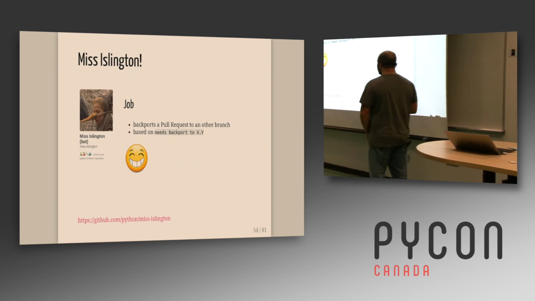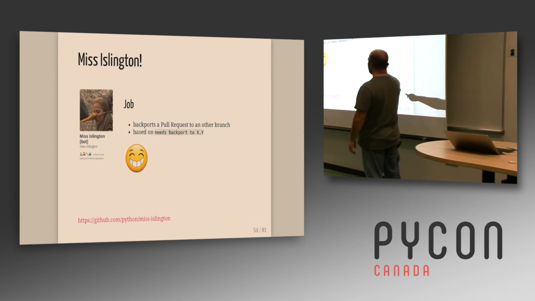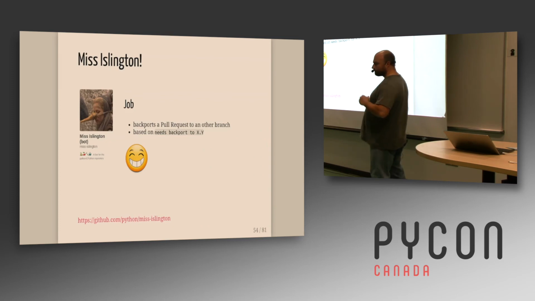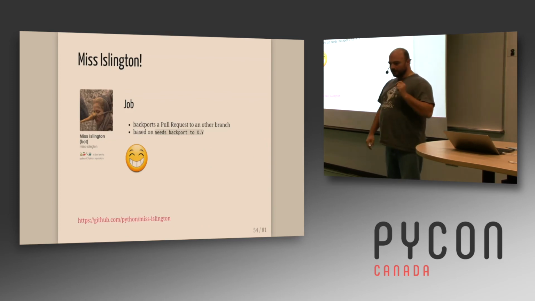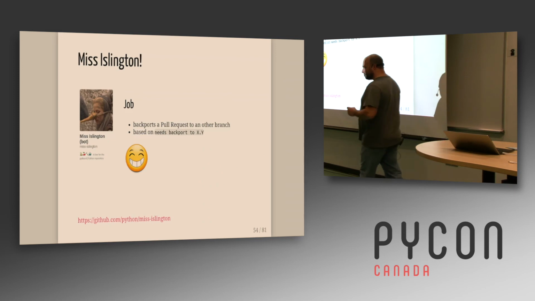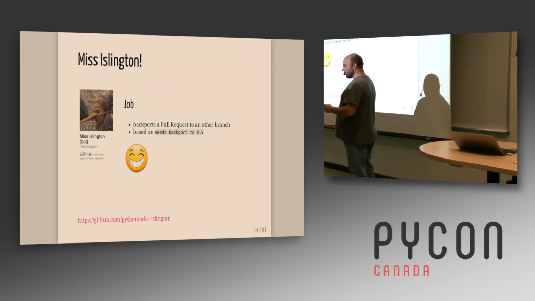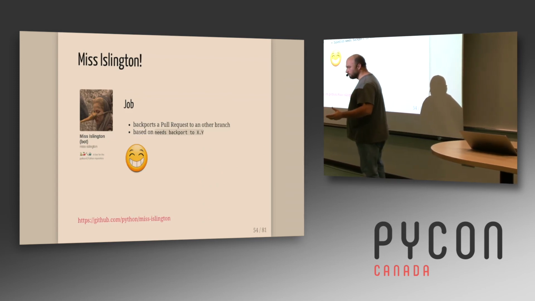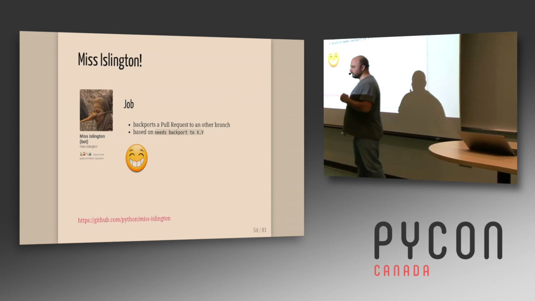With Miss Islington, we just need to add a label, needs backport to x.y. And this bot will create the backport for us automatically. Okay? That's great for us.